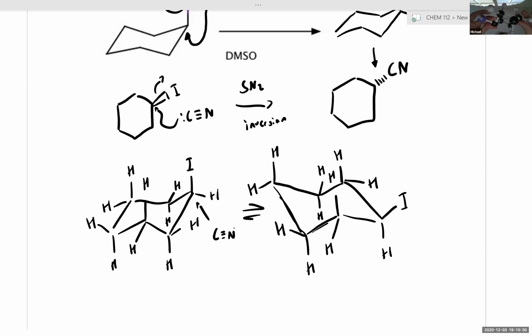Does everyone see how the iodine is now equatorial? Now I'd like you to think, if I want to attack from the back side of my leaving group, I have to go like this, right? Now, does anyone notice something getting in the way? What's getting in the way of my approach? Do I have some hydrogens blocking my approach?